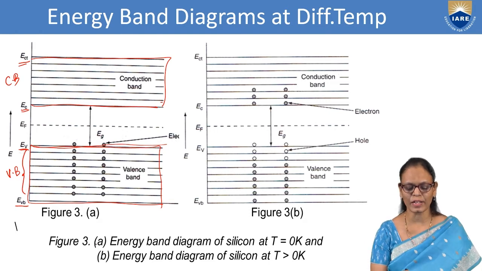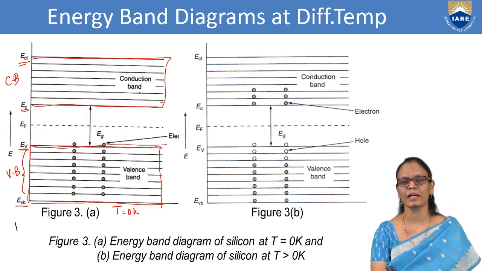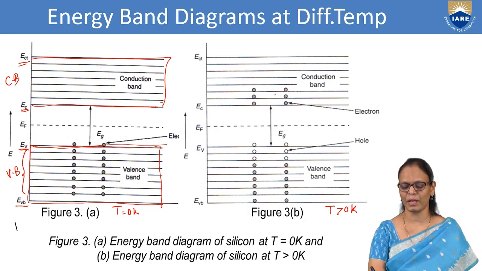At 0 Kelvin, all the electrons are in the valence band and the conduction band is completely empty. As the temperature increases, that is at T greater than 0 Kelvin, some of the bonds are broken and electrons move from the valence band to the conduction band.